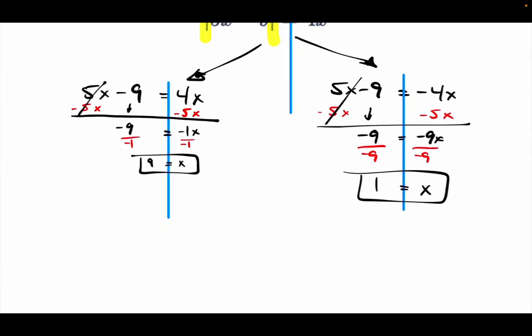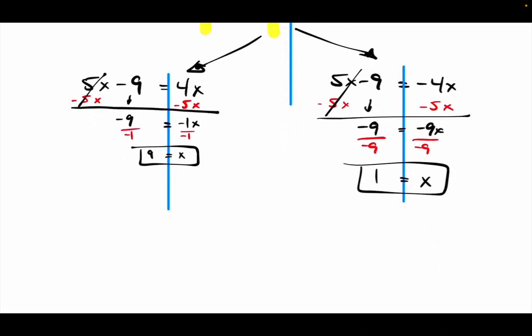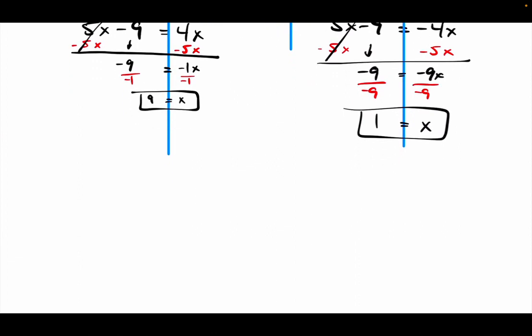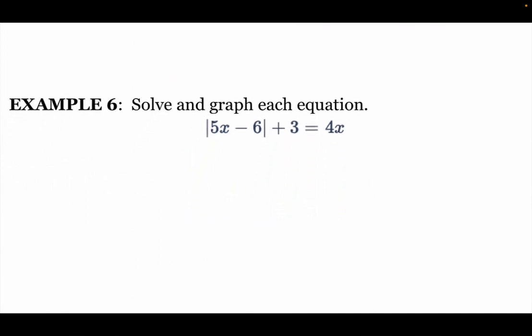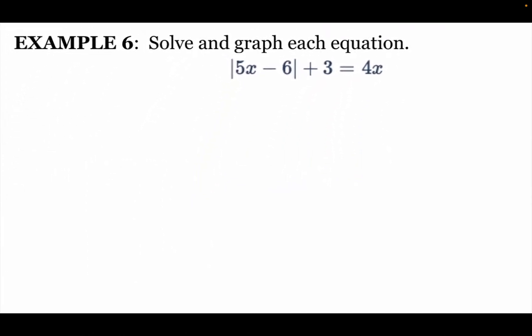All right, one more, we're done. Last problem, and then we're done. Okay? So the last one is a combination of 4 and 5. It's kind of a combination of what we did on the last 2 problems.